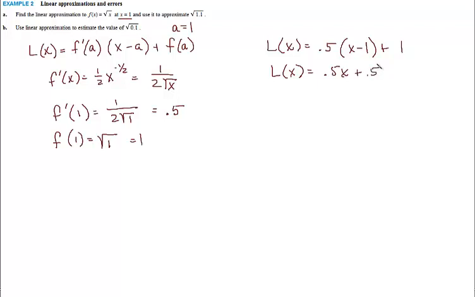Alright, so let's see if we can find out what the value of the square root of 1.1 is. So L of 1.1. Right, just chunking this in.